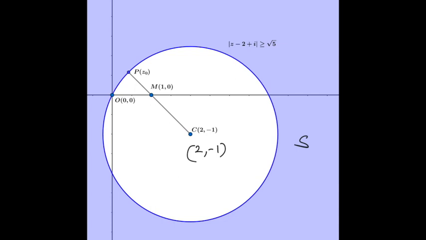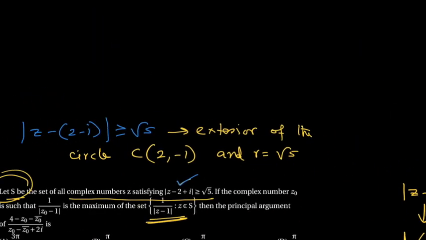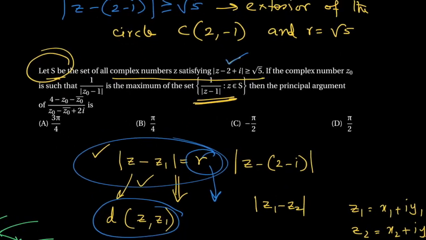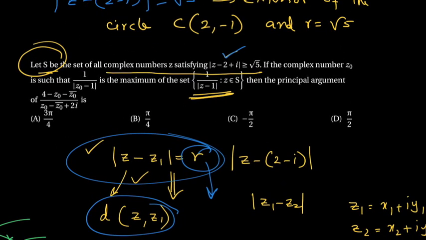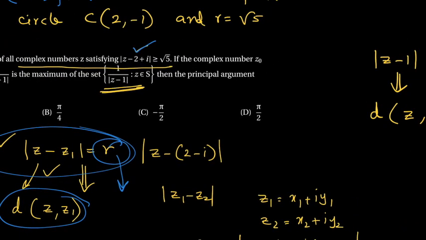Now going back to the question, the maximum of 1 by mod z minus 1. So we have to find the minimum of mod z minus 1. So we have to choose our z in such a way that its distance from the point 1 is minimum. And what is the complex number 1? It's nothing but the point (1, 0). So the distance between z and 1 should be minimum.